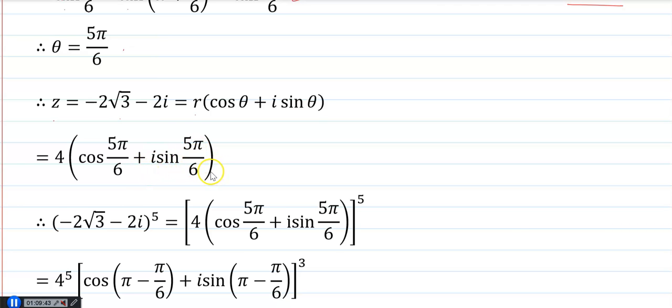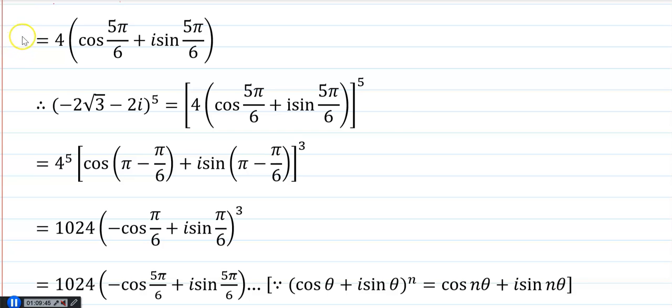Now the next, this is z raised to 5, that is minus 2 root 3 minus 2i, bracket raised to 5, is equal to, in square bracket, 4 times cos of 5 pi by 6 plus i times sine of 5 pi by 6, bracket raised to 5. Again I will repeat here, z is equal to 4 in bracket cos of 5 pi by 6 plus i times sine of 5 pi by 6, bracket raised to 5.